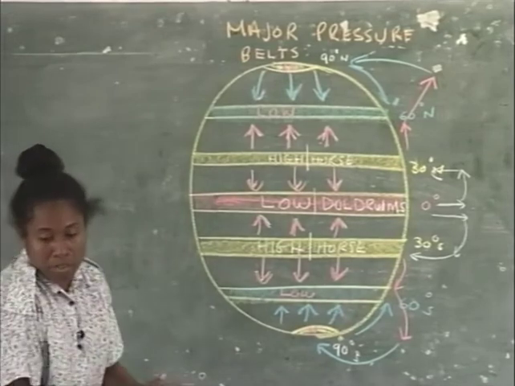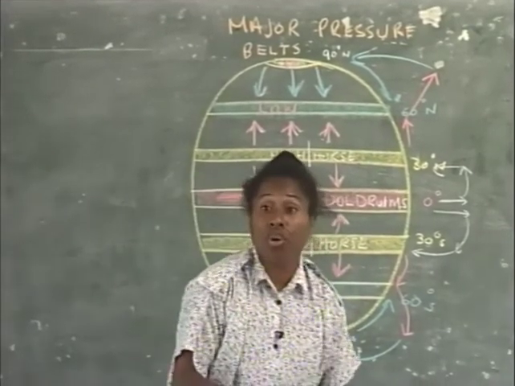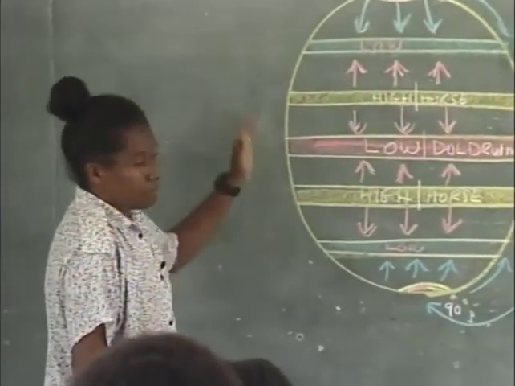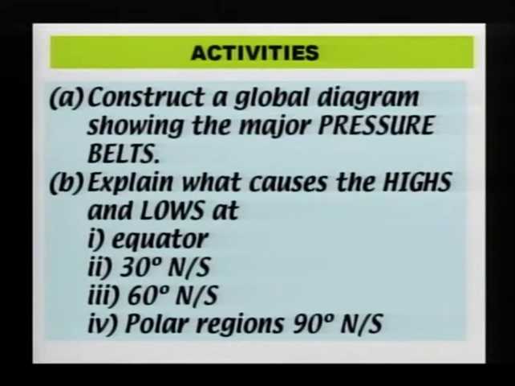Okay, let me give you your activities, and those activities I'd like you also to complete for your homework. You are going to be required to construct a global diagram, and that global diagram should show the major pressure belts. So a diagram similar to this.